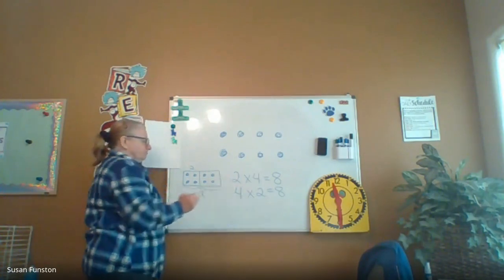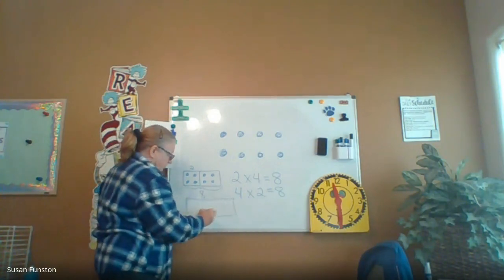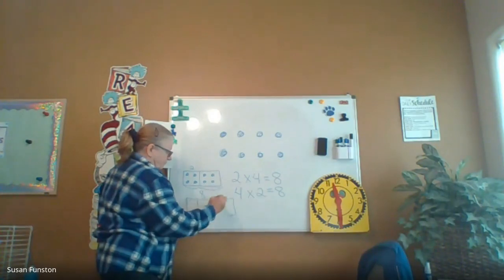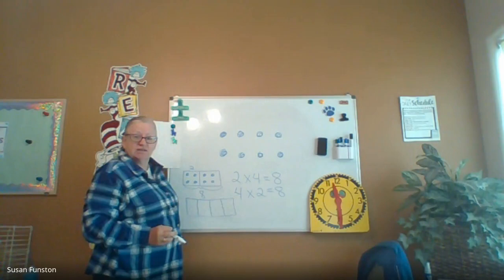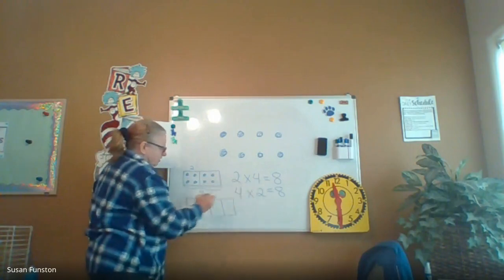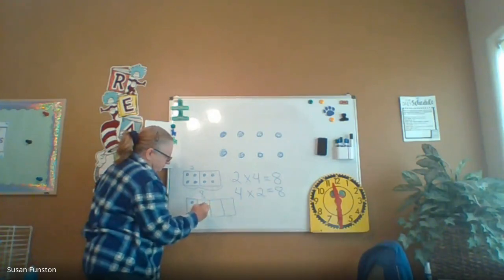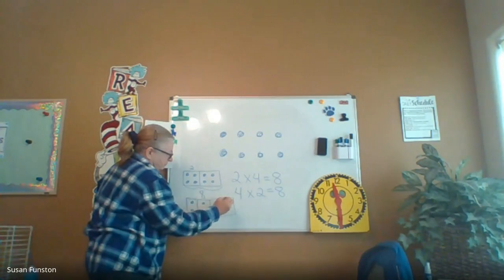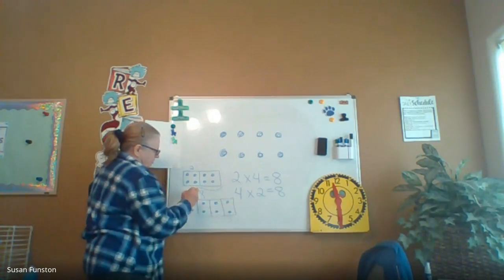What about this one? Let me draw a tape diagram with 4 sections. Then how many will I put in each section? That's right, only 2, because I already used my 4. All right, so in this case, we have 2 here.